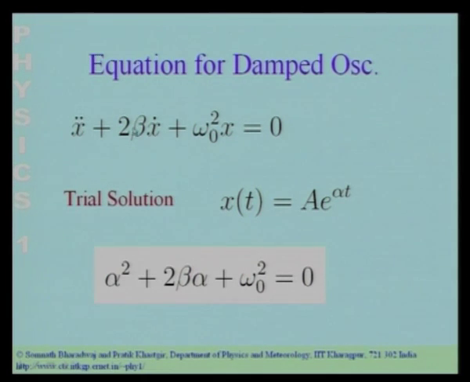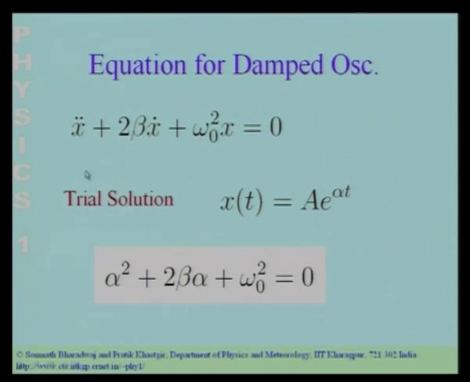If you plug in this trial solution with the expressions for the derivatives of x into this equation, you will notice that the constant A and e to the power alpha t will cancel out throughout, and you are left with a second order equation. It is a quadratic equation essentially for alpha: alpha square plus 2 beta alpha plus omega naught square equal to 0. Essentially every derivative of x is replaced by an alpha.